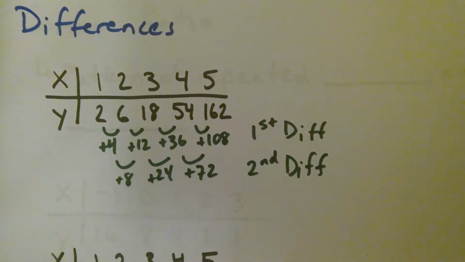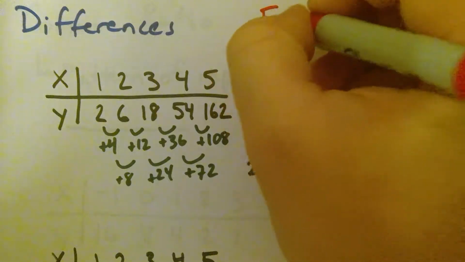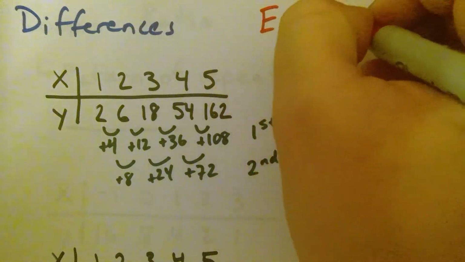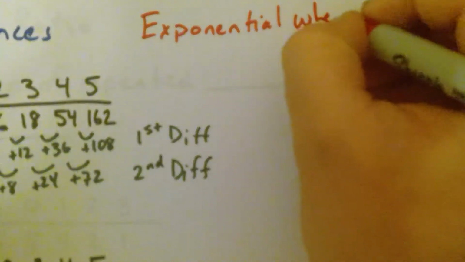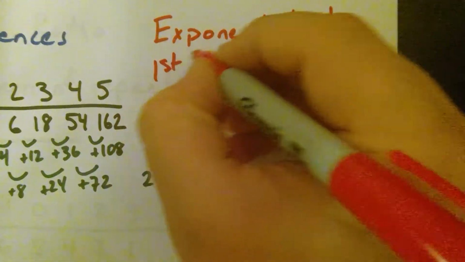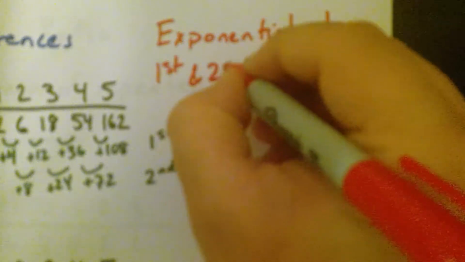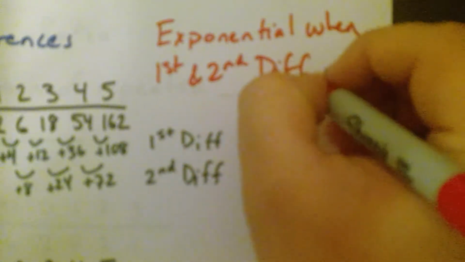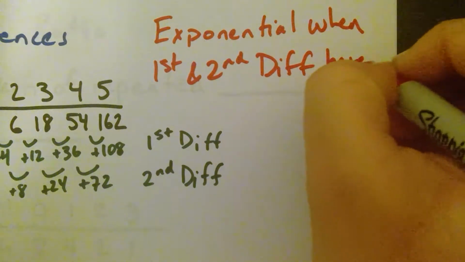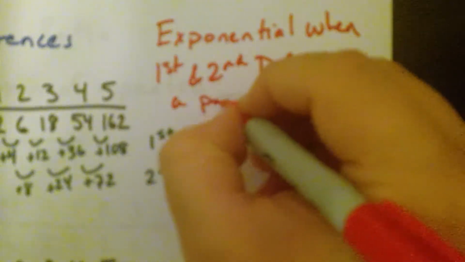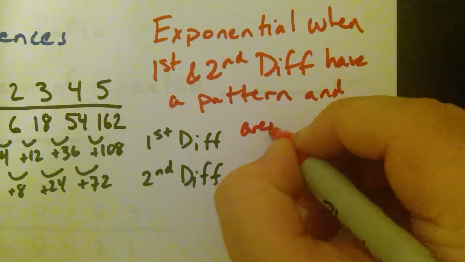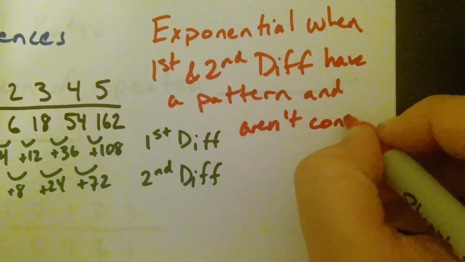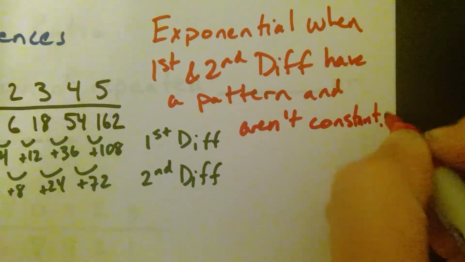We know there's an exponential function when the first and second differences have a pattern and aren't constant.